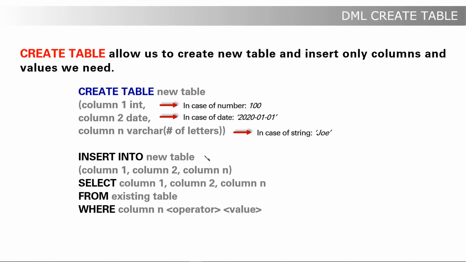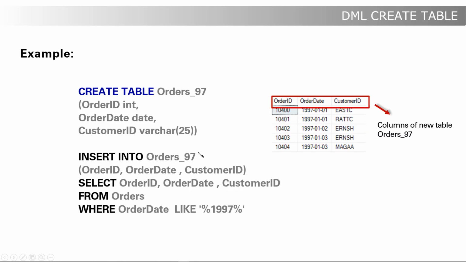Let's see an example. We want to create a new table, orders 97, the year 97, from the orders table. In the orders table, we have a lot of years of orders, and we want to create a table only for the specific year. So we write only the columns that we need from this table.